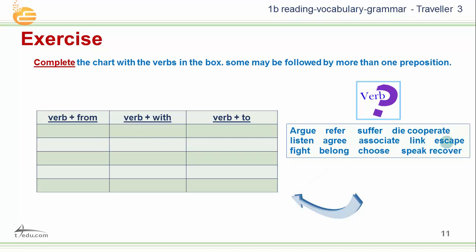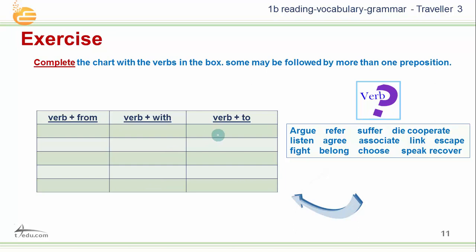So let's put first the verbs that go with the preposition from. So we say suffer from, die from, escape from, choose from, and recover from. And with the preposition with: argue with, cooperate with, agree with, associated with, and fight with.